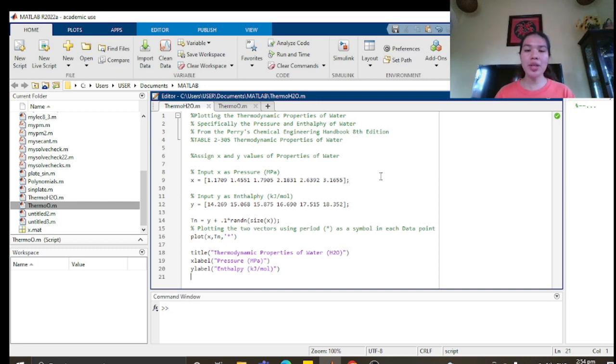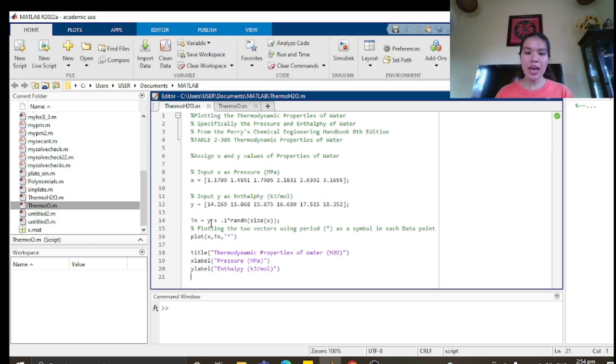So first, we're going to assign x and y values of the properties of water, where x serves as pressure in megapascals, and y as the enthalpy in kilojoules per mole, as you can see in the script.